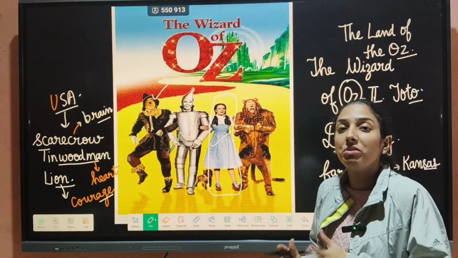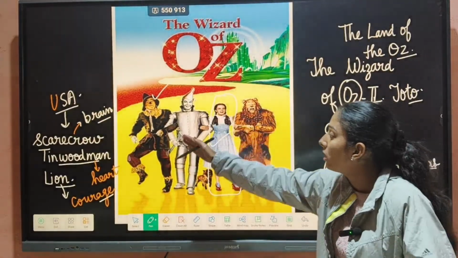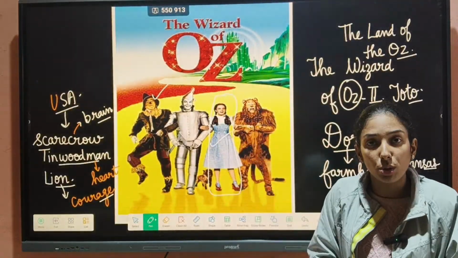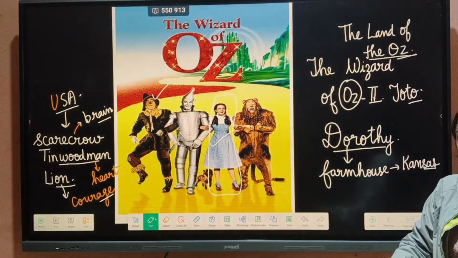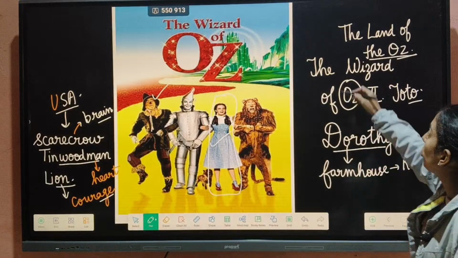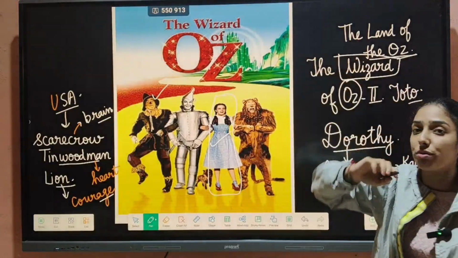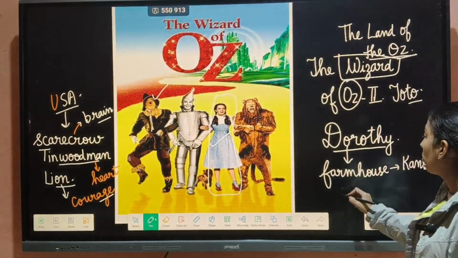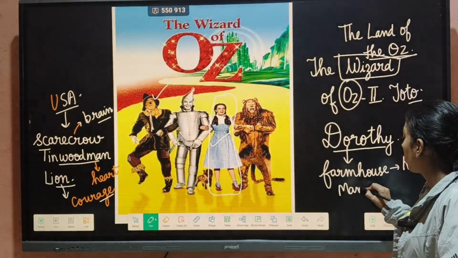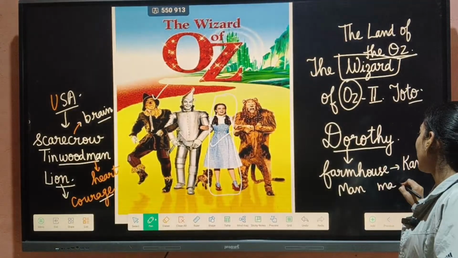So in part 1, we have seen that Dorothy with her three friends and her dog, they went to the land of Oz, where they wanted to meet the wizard of Oz. Okay, who is wizard?